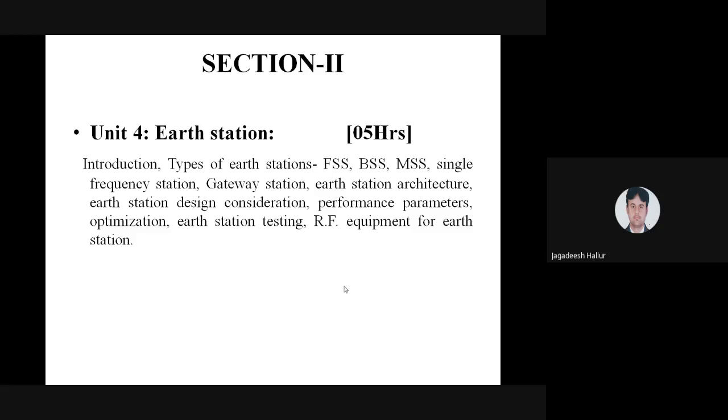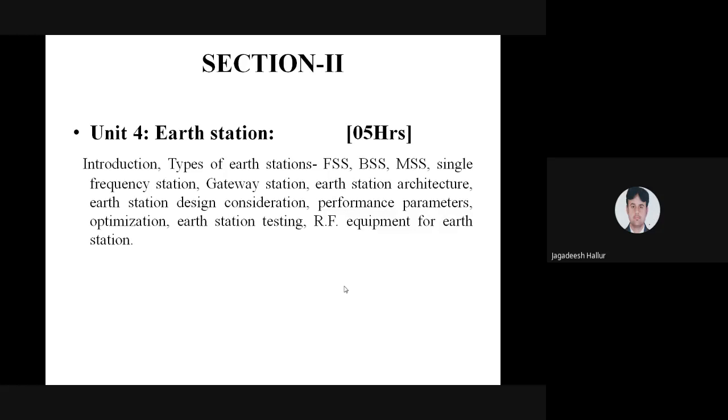What is the actual design of an Earth Station? In that Earth Station architecture, we require a baseband signal. Baseband signal is any signal without modulation. In that Earth Station, the baseband signal is one block. Next is the modulator. The modulator goes to the encoder, and the encoder output goes to the high power amplifier.